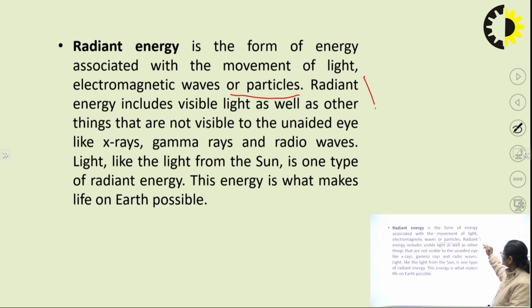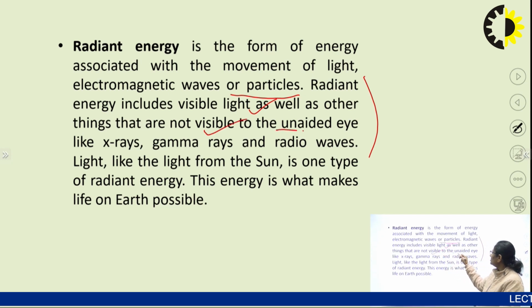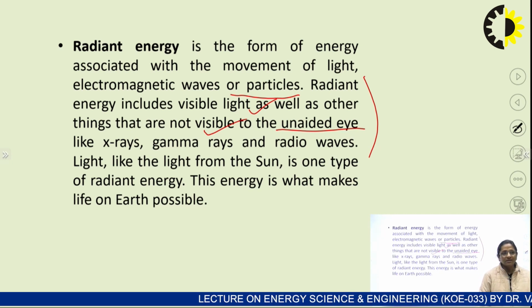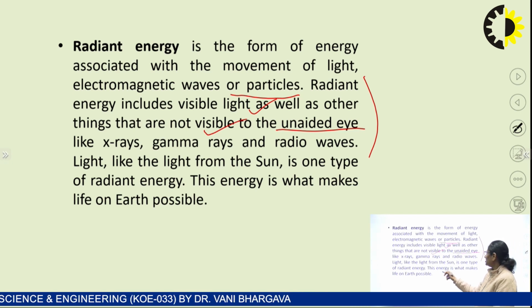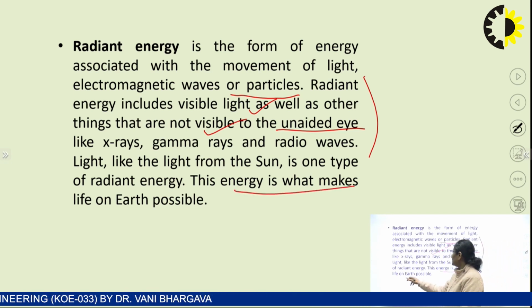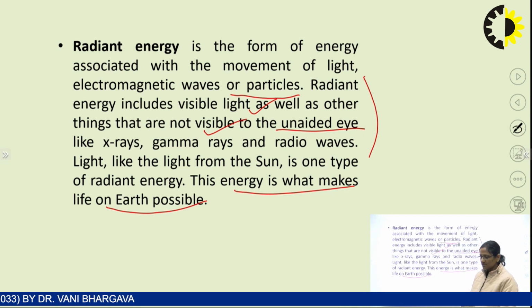The radiant energy includes visible light as well as other forms which are not visible to an unaided eye, for example, the X-rays, gamma rays, radio waves, etc. Light, like the light from the sun, is one type of radiant energy. In fact, this energy is what makes life on earth possible.